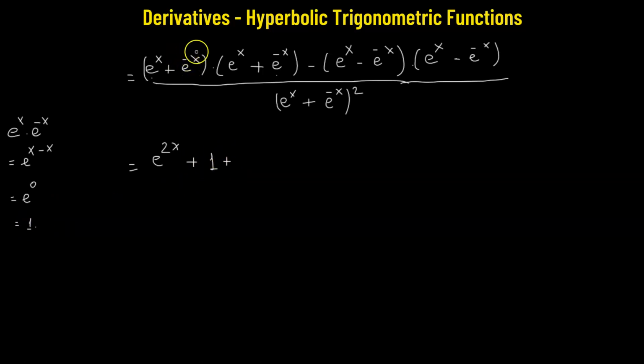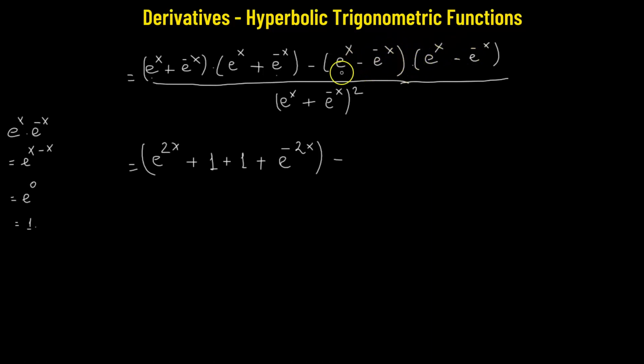Similarly, e raised to the power of negative x times e raised to the power of x, so that will be 1 plus e raised to the power of negative x multiplied to e raised to the power of negative x will give us e raised to the power of negative 2x minus, in other way we can also say that e raised to the power of x minus e raised to the power of negative x, so it's the same term getting multiplied to itself.